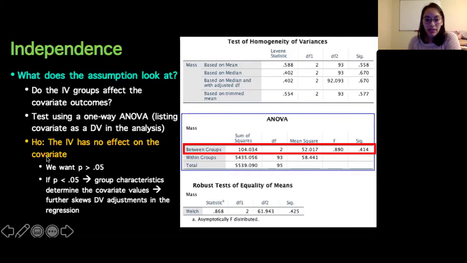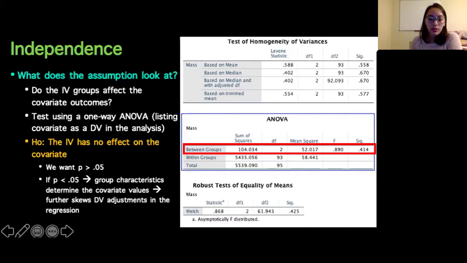Okay, so when I ask for a p-value for independence, this is the one that you report. If we had a p-value less than 0.05, that means that we violated the independence assumption, right? In which case our data, as far as our dependent variable goes, might get skewed when it's run through the regression process. Okay, so that's independence.